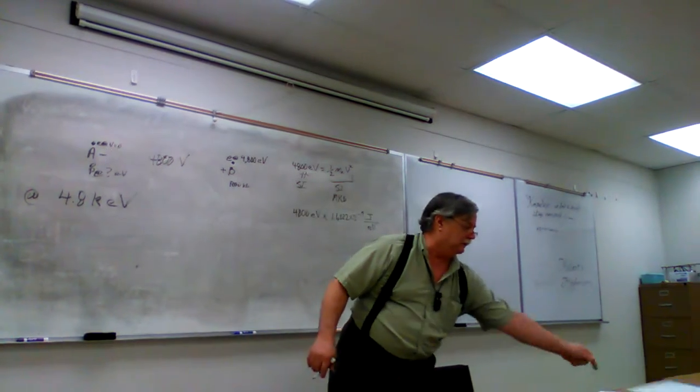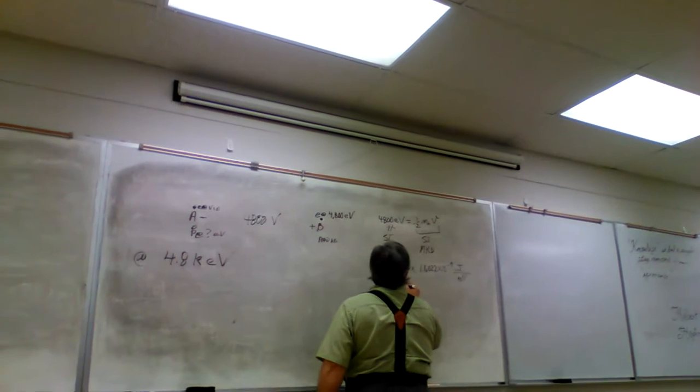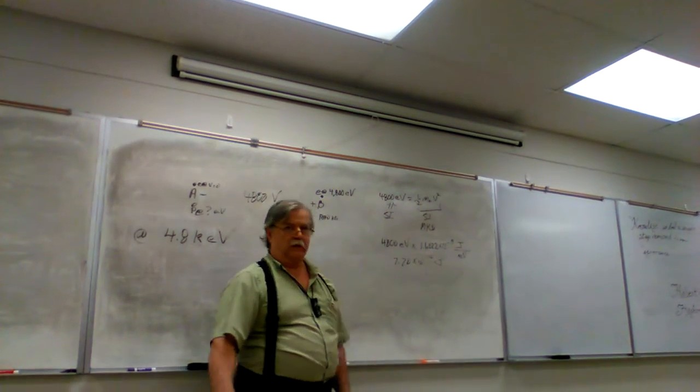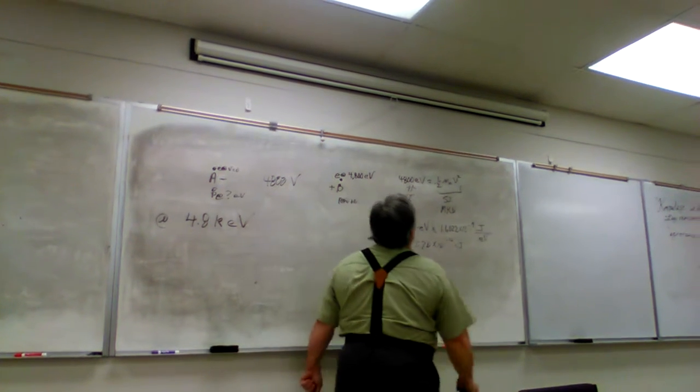Oh, it's right here. I got a 7.70 times 10 to the negative 16 joules. Did everybody else get that? Okay.